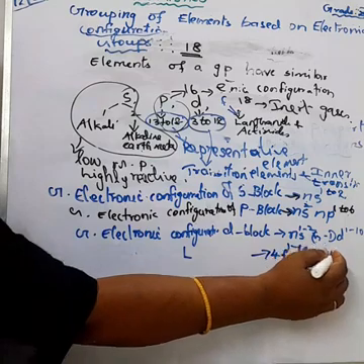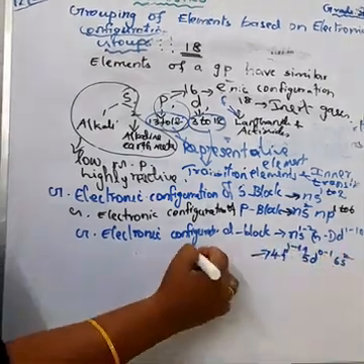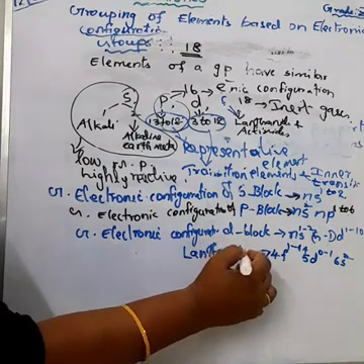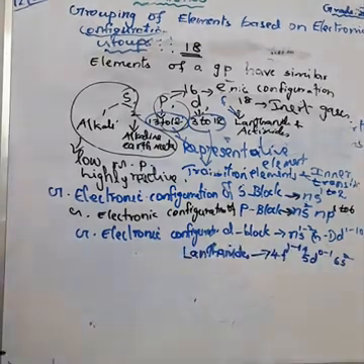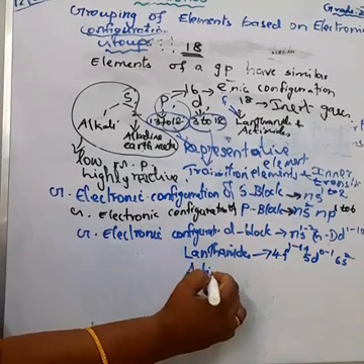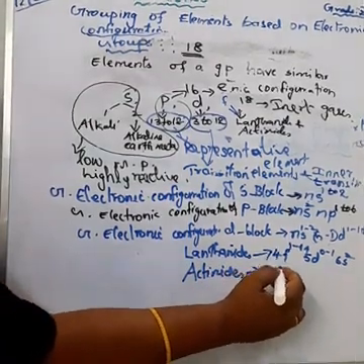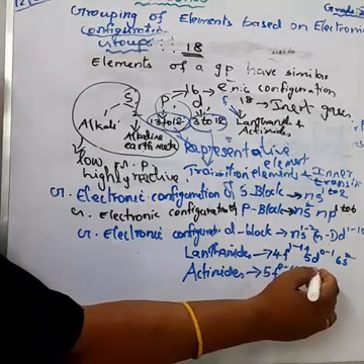This is the electronic configuration for the lanthanides: 4f1 to 14, 5d0 to 1 and 6s2. And the general electronic configuration for the actinides is 5f0 to 14, 6d0 to 2 and 7s2.